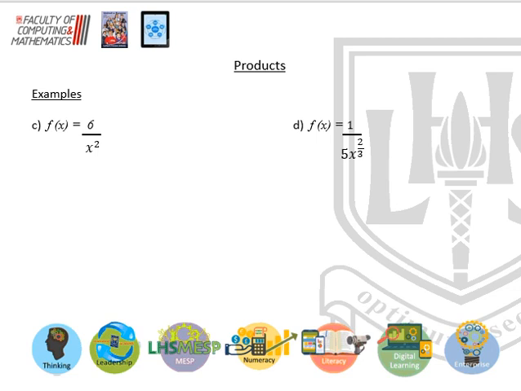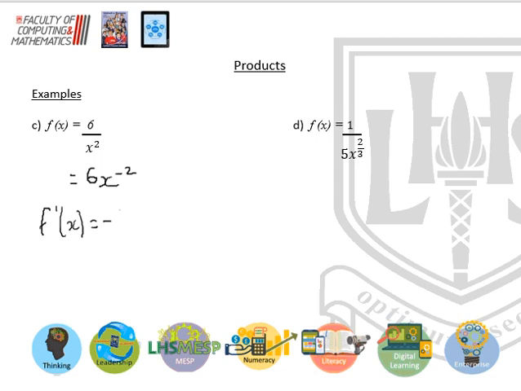Okay, here we've got f of x equals 6 over x squared. So bringing that x squared to the top is going to make it a negative power. So 6x to the negative 2, and now we're ready to differentiate. Okay, so f dash x, negative 2 times 6 is negative 12.